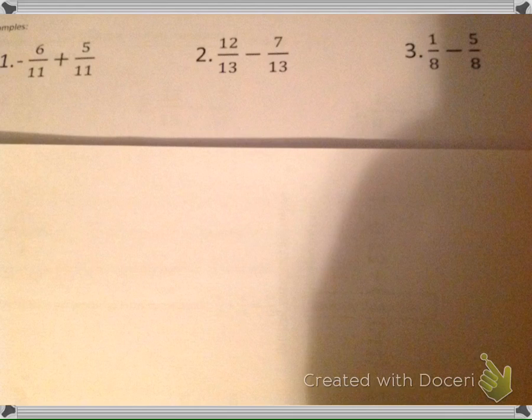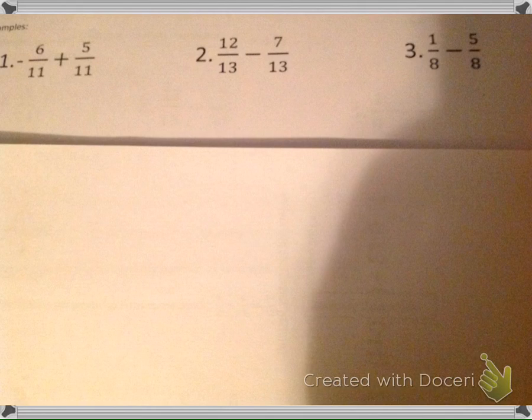Now, if you've noticed, we have negative 6/11 plus 5/11, and this is probably the only difference from what you've learned, because you've learned how to add and subtract fractions with the same denominator, but you probably didn't learn it with integers. Both of these fractions have 11 as the denominator, so we're just going to take the numerators.